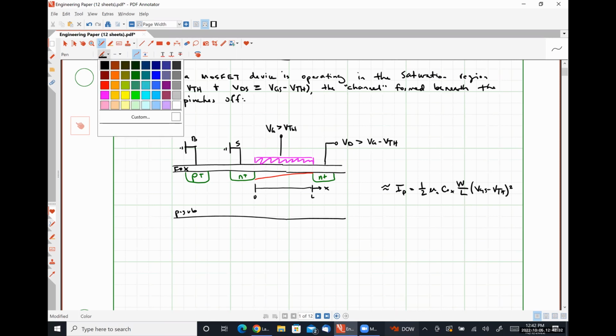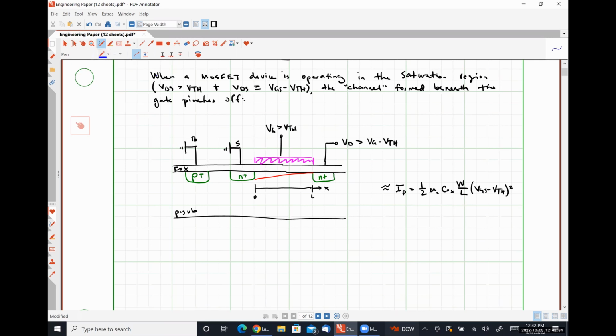So I'm going to do this one in blue. And we'll have this guy right here effectively be a length that we're going to call L prime. Okay.